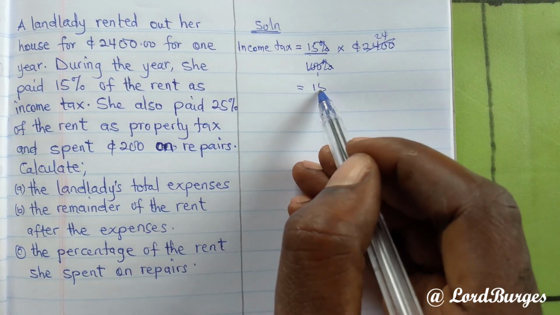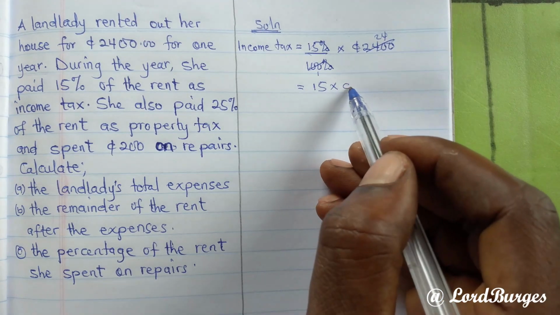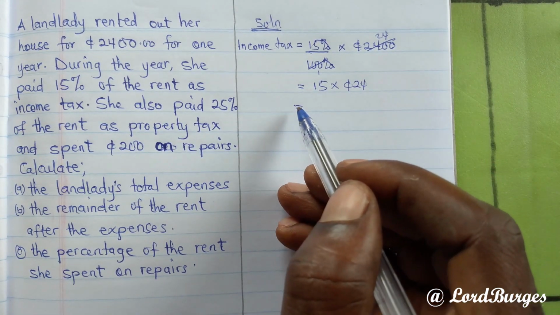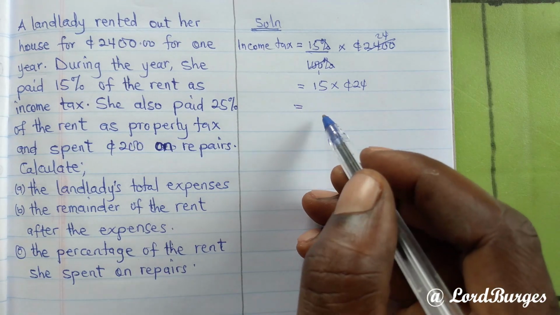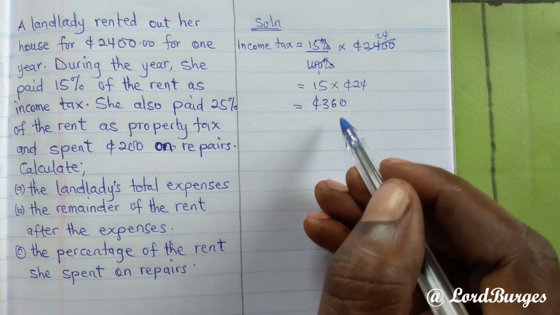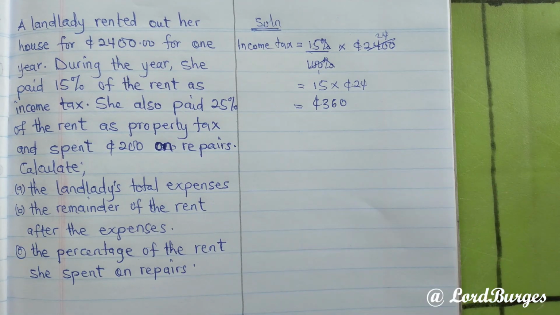So I would be having 15 by 24 cedis, which will give me 360 cedis. That means she spent 360 cedis as income tax.